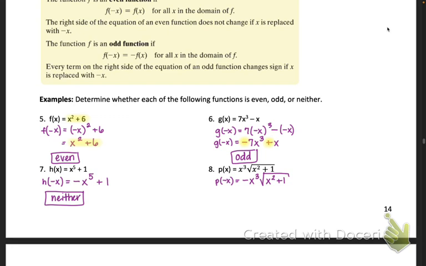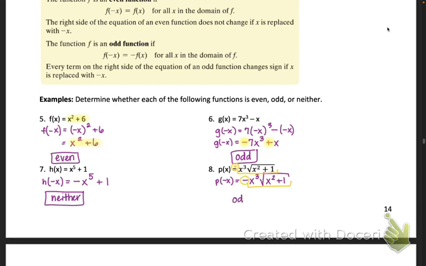And you may want to say neither because the x cubed switched, but the x squared didn't. But all of this goes back to what we talked about at the very beginning. All of this is one term because it's multiplied. So this one term started as positive, and now this one term is negative.